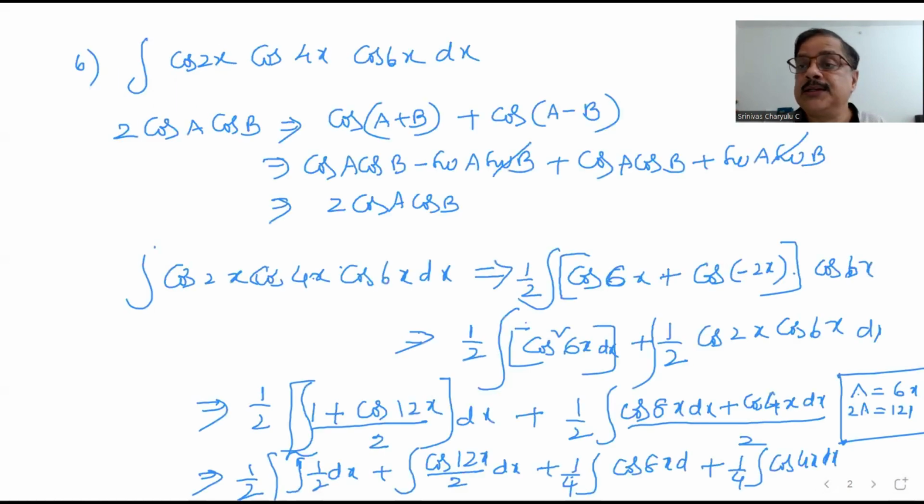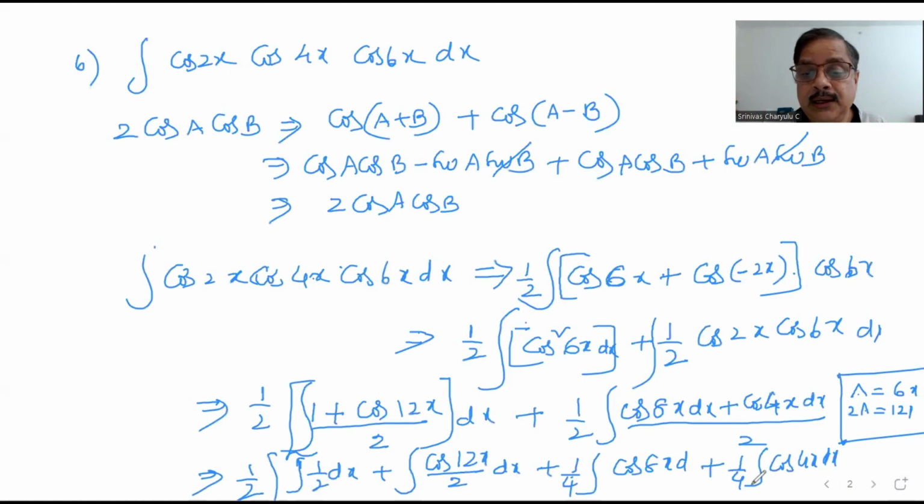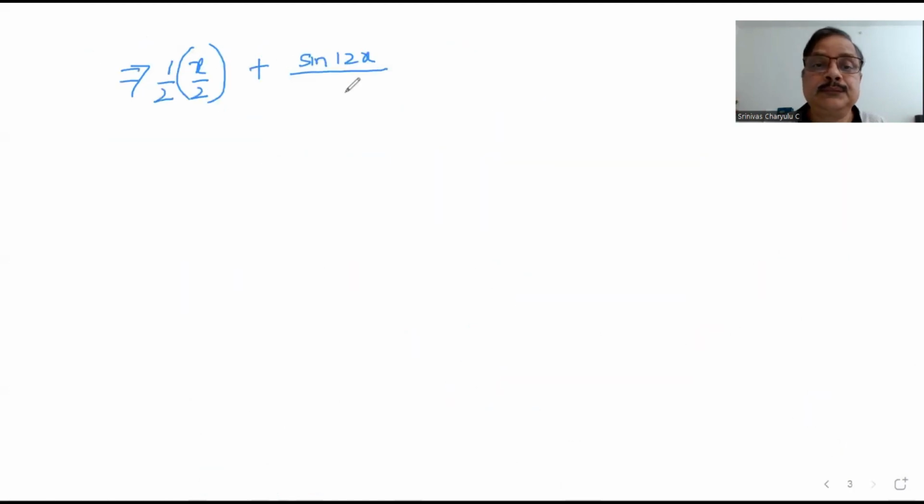Cos 12x. Integral of cos 12x is sin 12x by 12. That 12 into 2 will become 24. Already 2 is here, 12 into 2, 24.